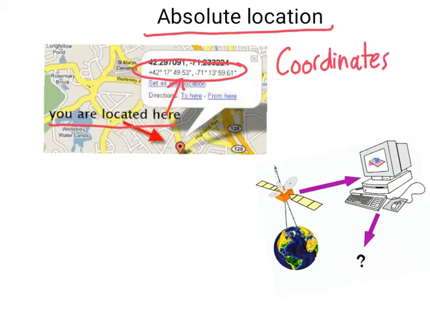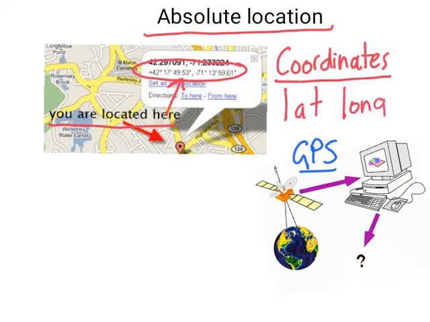So when we're using absolute location, we describe our position or location in terms of coordinates. Many of you, for instance, are familiar with the global positioning system. It's quite possible our coordinates in terms of latitude and longitude might come from a GPS satellite, downloaded to our computer. We can then use that for some kind of analysis operation, whichever we like to do, using our geospatial information system.